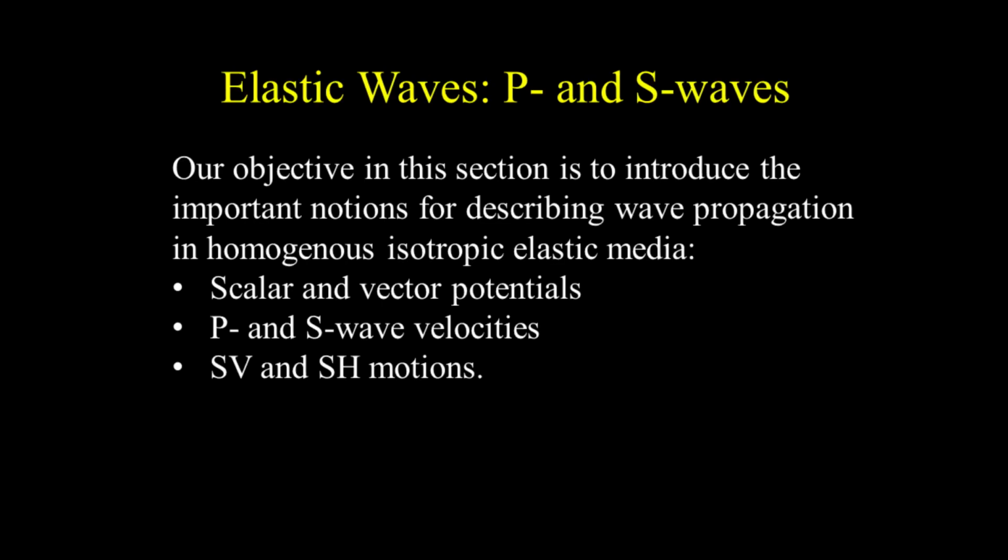Our objective in this section is to introduce the important notions for describing wave propagation in homogeneous isotropic elastic media: scalar potential, which is another way of introducing P waves, and vector potential, which is another way of introducing S waves, P and S wave velocities, SV and SH motions.